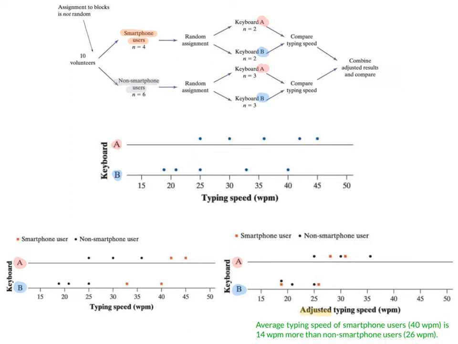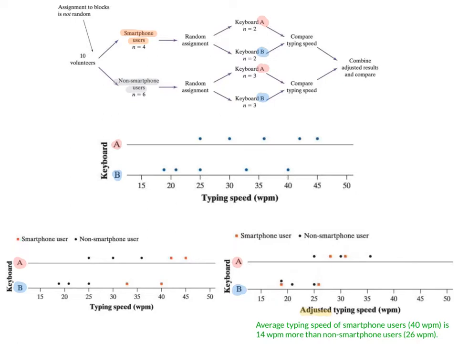And then you can adjust for the average words per minute of a smartphone user versus a non-smartphone user. So smartphone users, on average, type 14 words per minute faster than non-smartphone users.